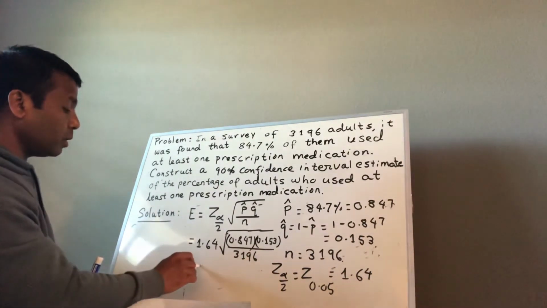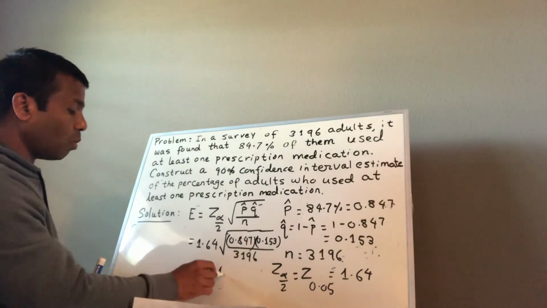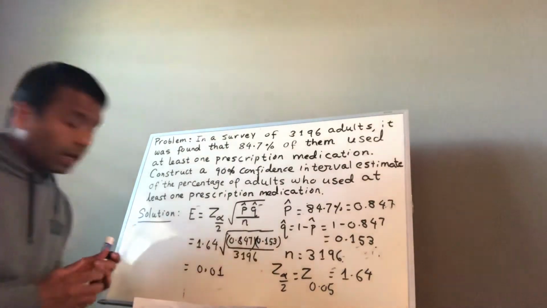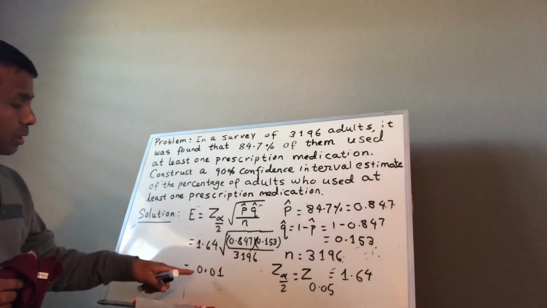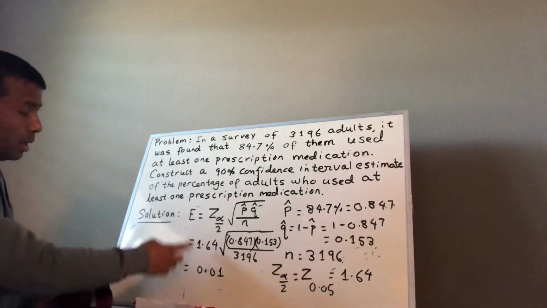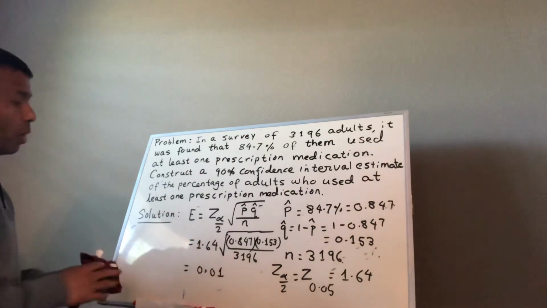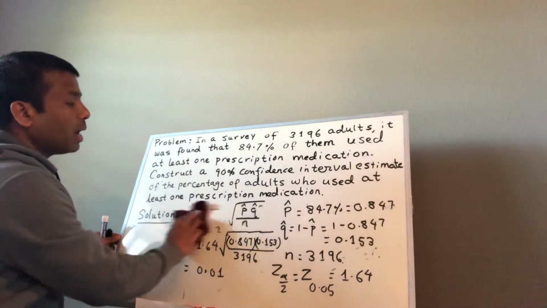If we do the computation, we will end up with 0.01, right? So now we got the value of E, which is the margin of error. E is the margin of error, which is 0.01.